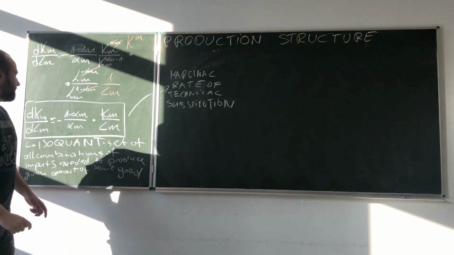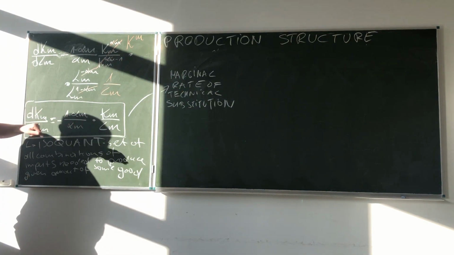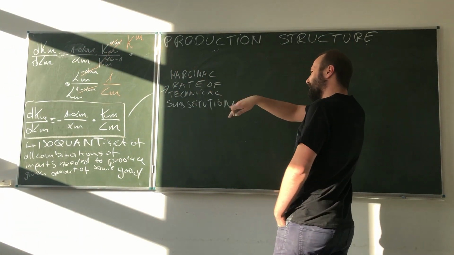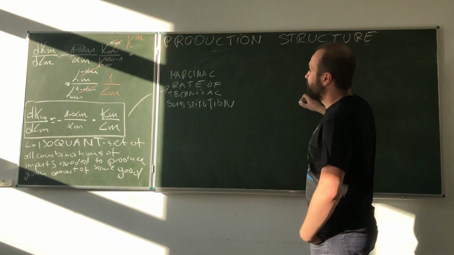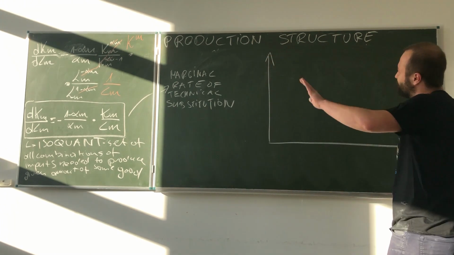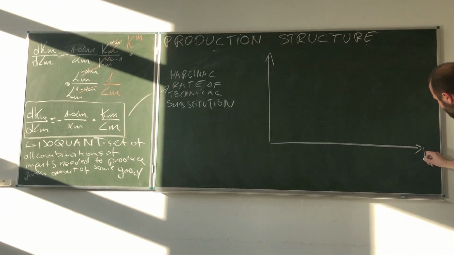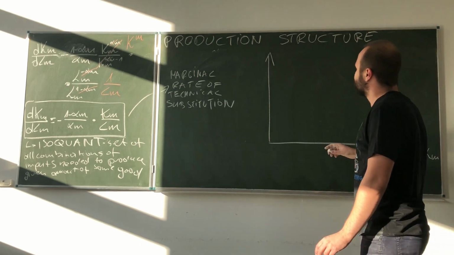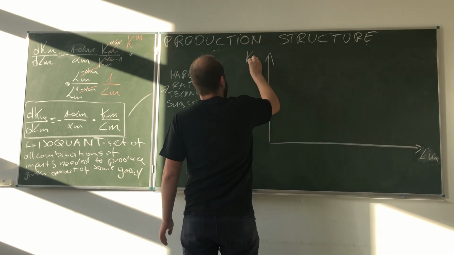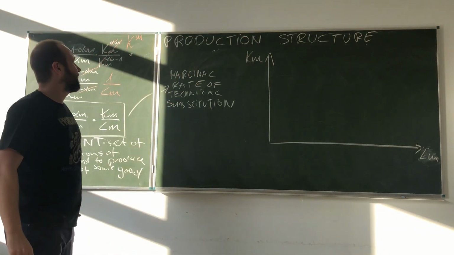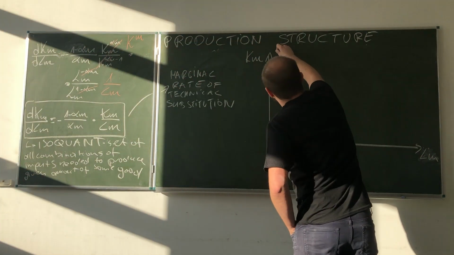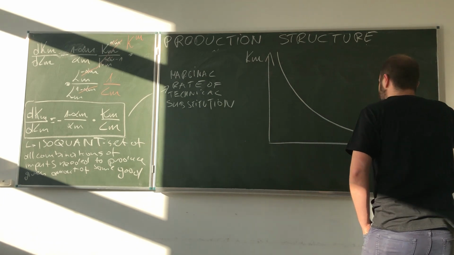Okay, we clearly see that because this and this and this and this is positive, the slope must be negative. If we were to calculate the second derivative, we would find that it is positive. Don't worry, we will get to it. Here we have capital used in manufacturers and labor used in manufacturers. So, our isoquant will look like this.